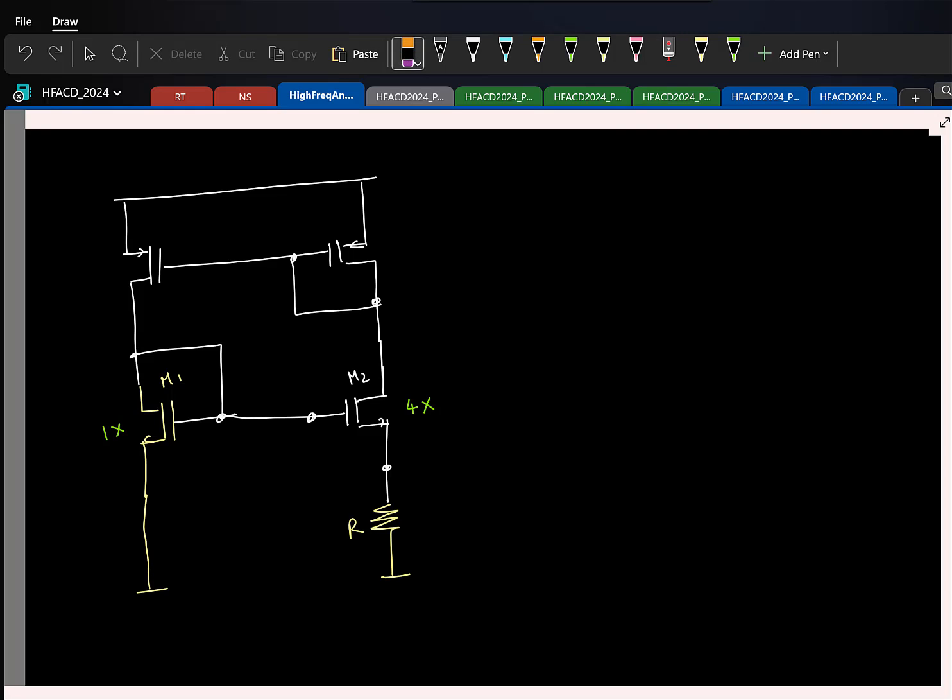So which means this will be connected to your pad on chip, and from there externally you will put the resistor. Okay. So which means here obviously there is going to be a parasitic capacitor. Let's call it CP, right?